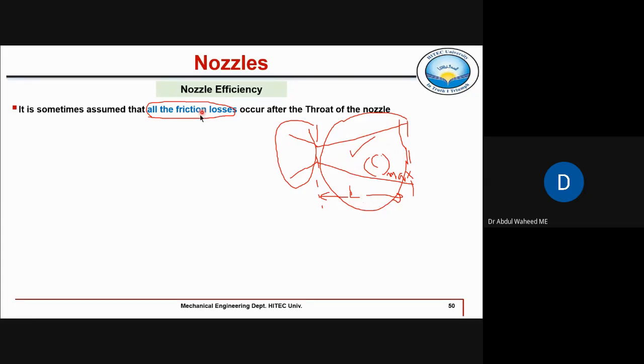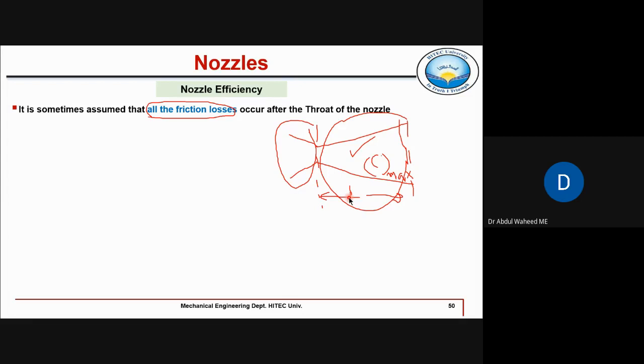So that's why the frictional losses after the throat are normally considered, and normally we can neglect the frictional losses in the convergent section. We can say that all the frictional losses are actually occurring only in the divergent section. So we have already stated why we need to keep this length large in case of the divergent section.